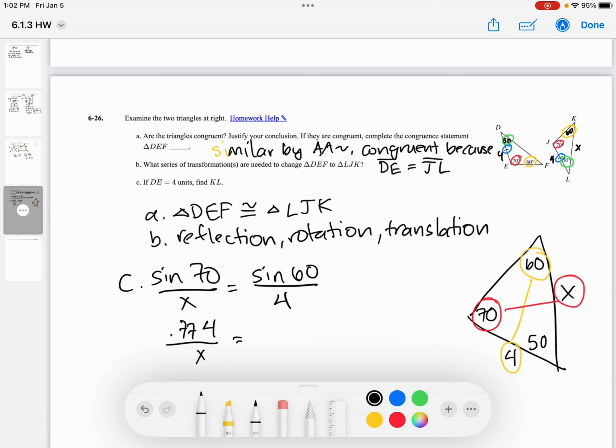We type that into our calculator, and we get 0.866 over 4. Okay, now we cross multiply. I get 0.866x equals 4 times 0.774. And I undo the multiplying by dividing.